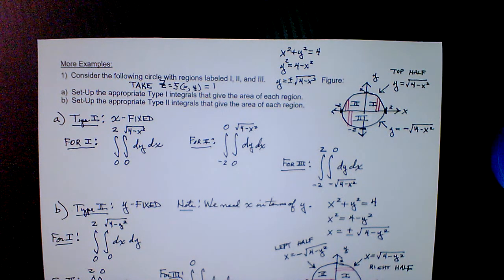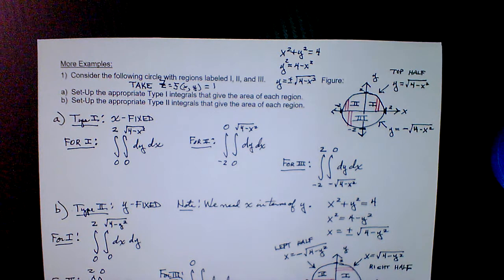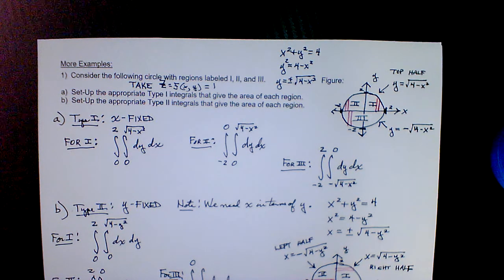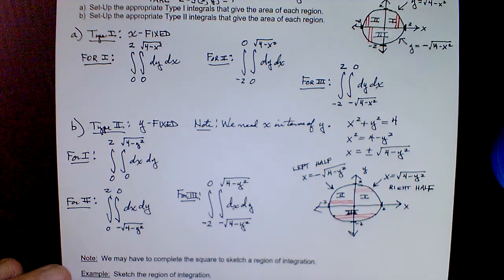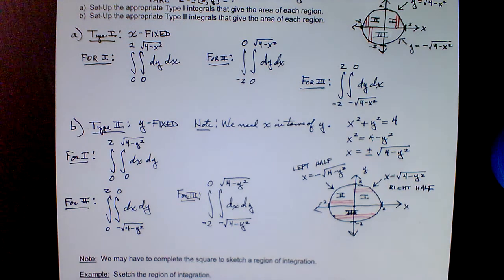And that covers all those little horizontal strips, which gives us that region. But now notice how x ranges from the left half of the function to the right half. So negative square root of 4 minus y squared to the right half, positive square root of 4 minus y squared. Oops, I'm sorry, I kind of cut those last two off. I apologize for that. So, give you a second to catch up.